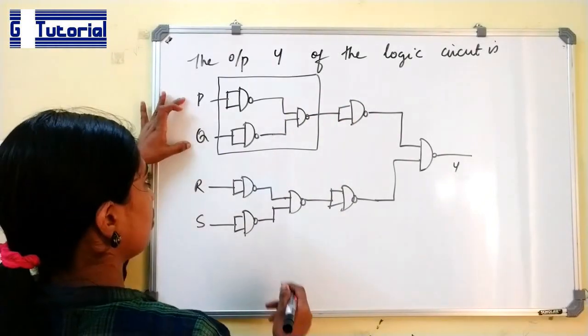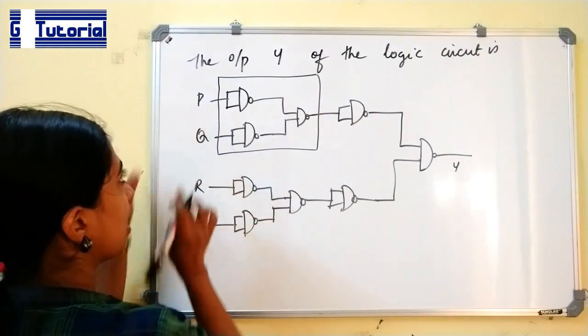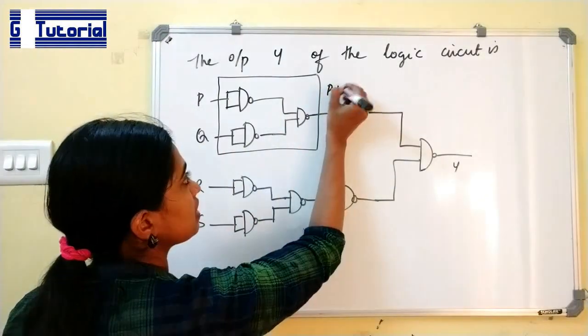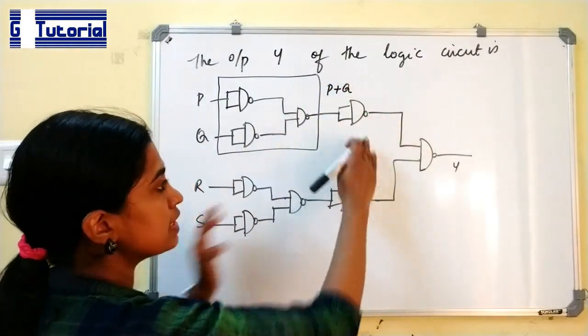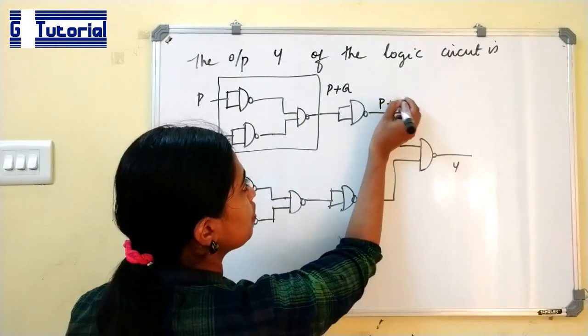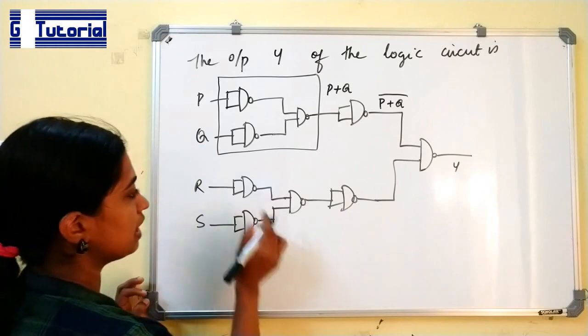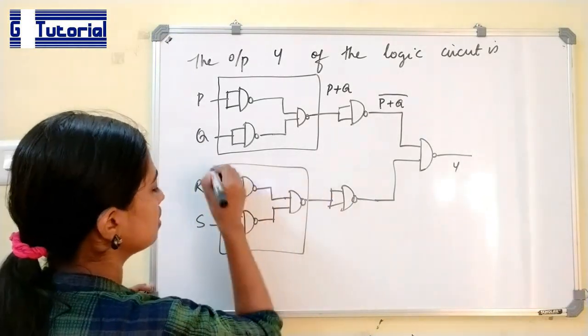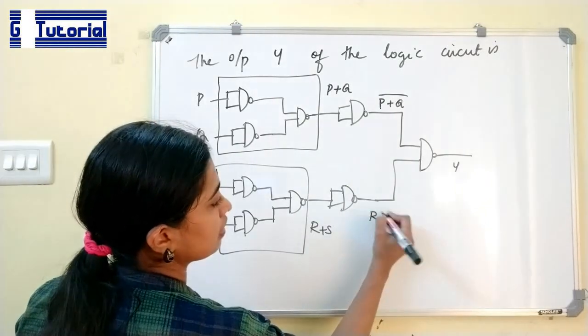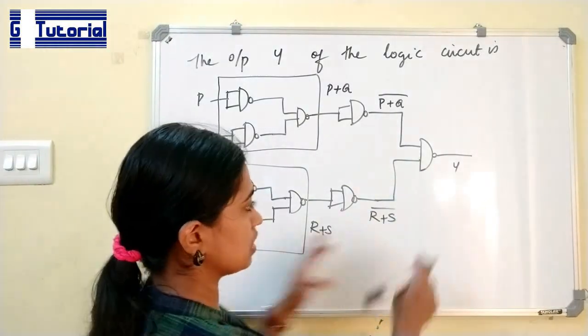So, when P and Q are given as input to an OR gate, the output will be P plus Q. This is a NOR gate, equivalent to a NOR gate. So, (P plus Q)'. Similarly, this is also an OR gate, so R plus S. It is complemented and fed to this gate.